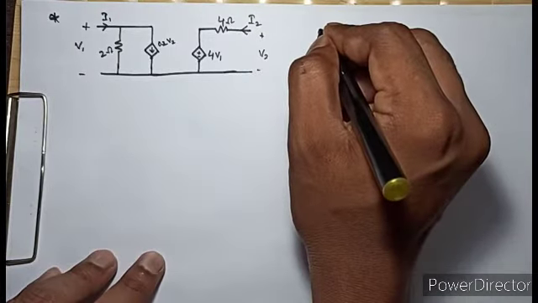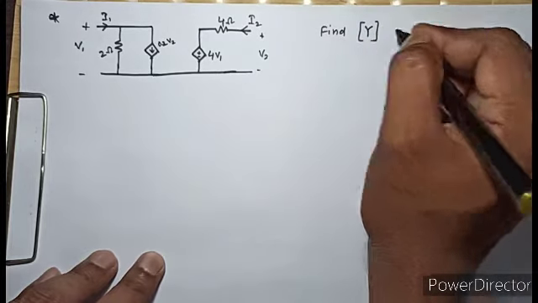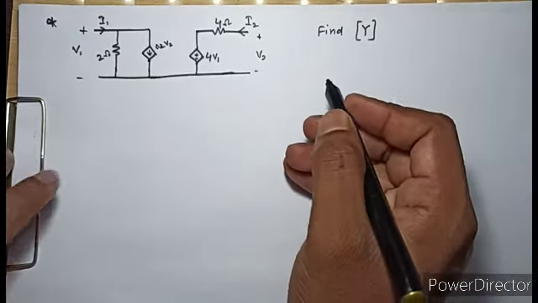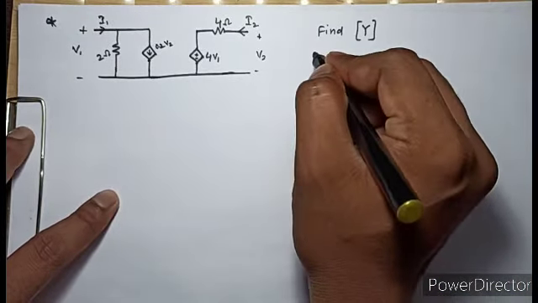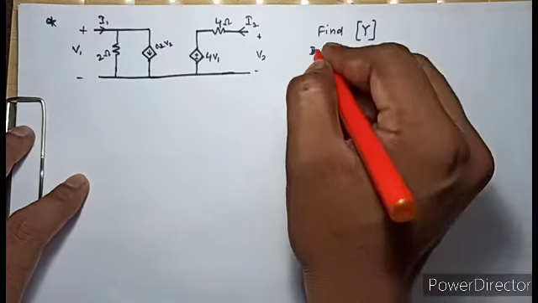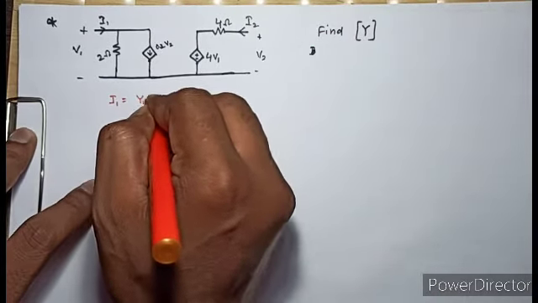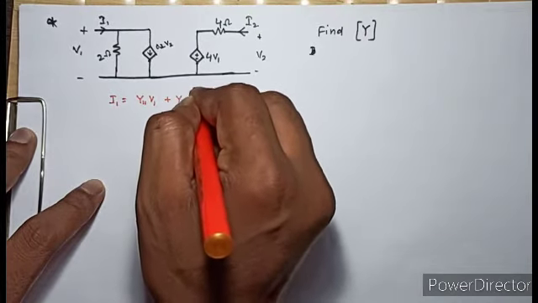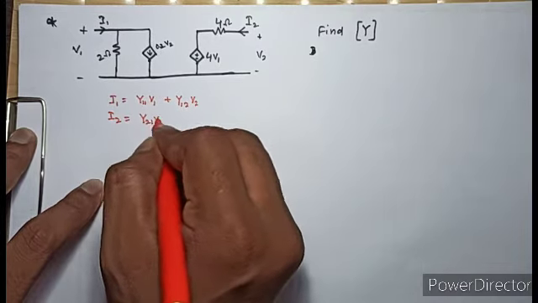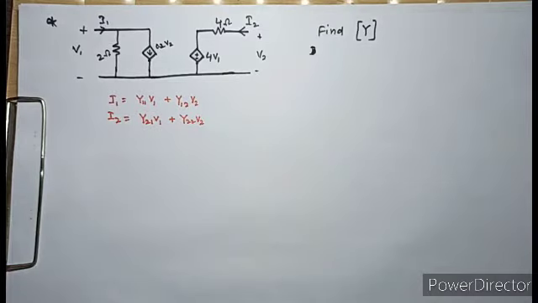The question is find Y parameter. Now recall yesterday's class. What were the relations to describe the Y parameter? The relations were I1 is equal to Y11 V1 plus Y12 V2, and I2 is equal to Y21 V1 plus Y22 V2, right?